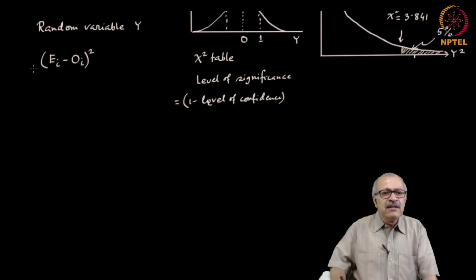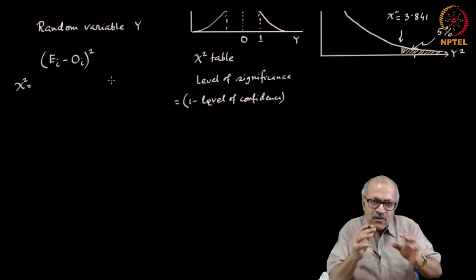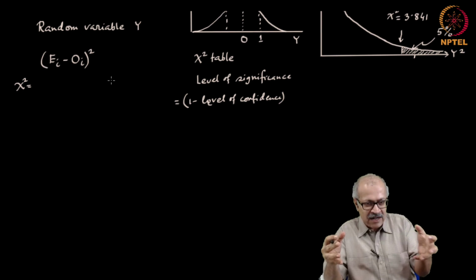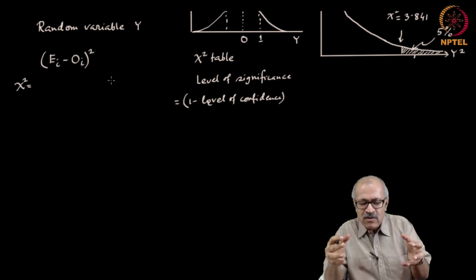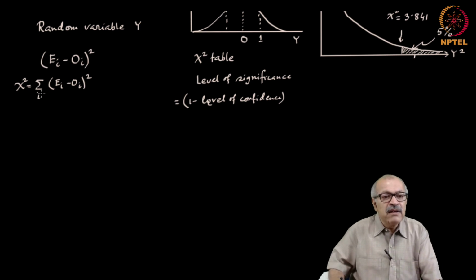If we define our chi-square as these summed up, we are trying to figure out whether the whole thing is behaving like a random variable. So, we are talking about a sum of (E_i minus O_i) squared, sum over i.